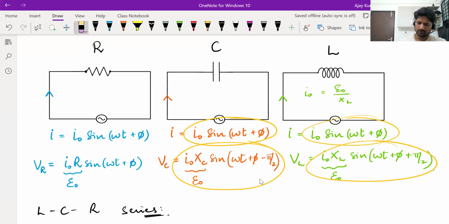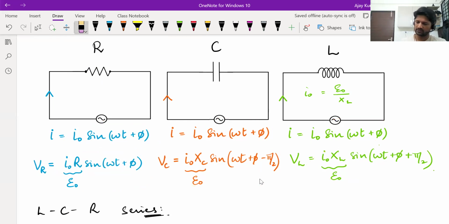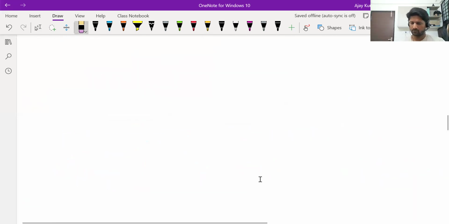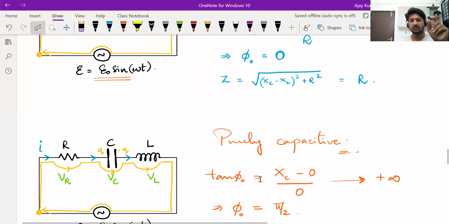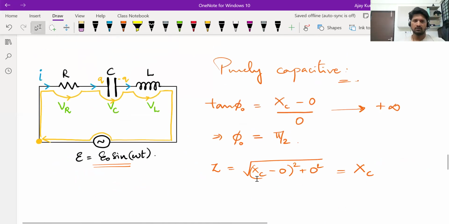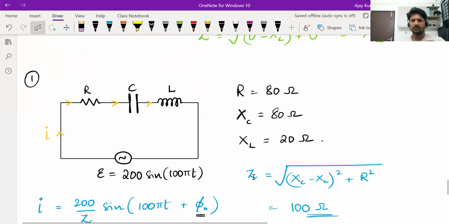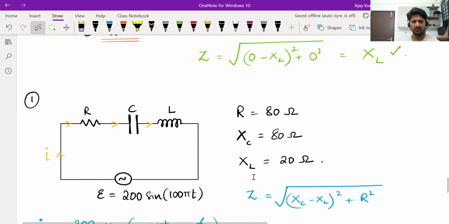So in an LCR series circuit, we had that problem. We didn't know the voltage across each element separately. VR, VC, VL were not known. One thing we were sure of is that the current will be the same in all of them because they are in series. So what we did now is we derived the current.